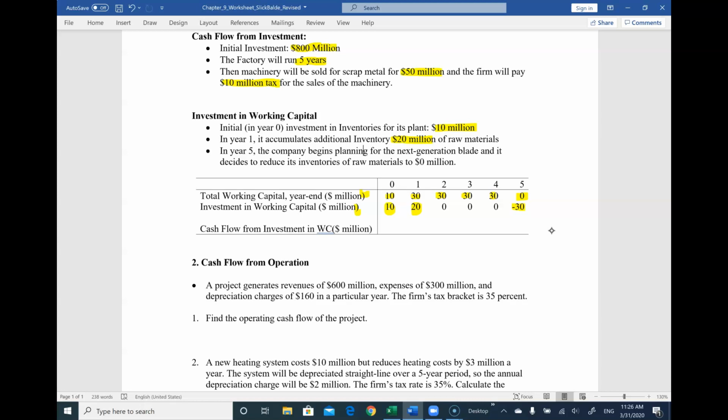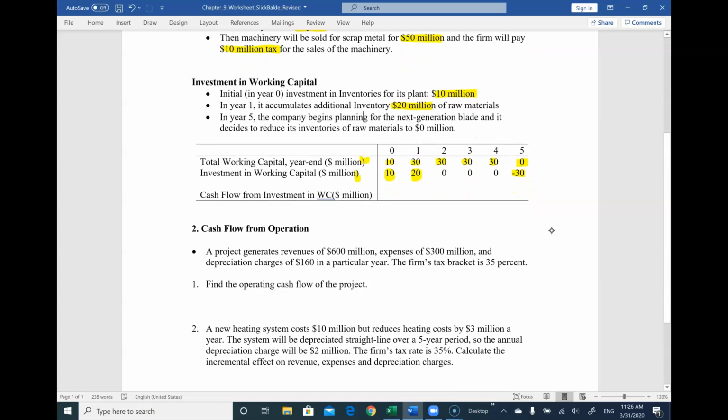The last one that we have to consider is the other cash flow from operation. For that, we have to look at the income statement. This project generates revenue of $600 million, and the expense is $300 million.